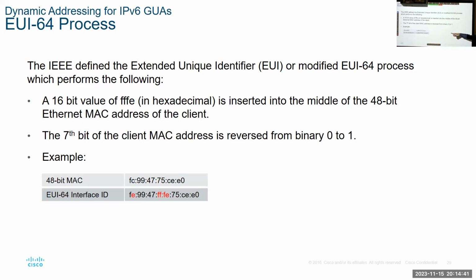The 7th bit is flipped from a 0 to a 1, and if it's already a 1, it'll be flipped from a 1 to a 0. So it's basically flipped from whatever value it is to the other value. FFFE is then added on to the first 24 bits, and the last 24 bits of the MAC address round out the 64-bit interface ID.